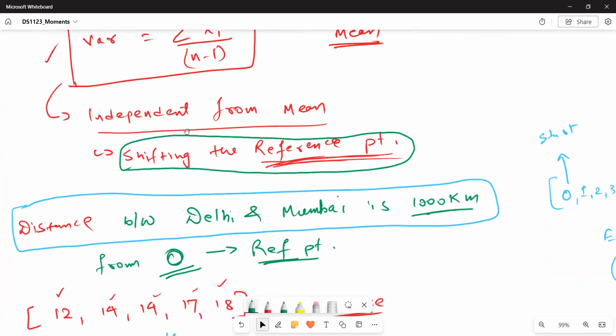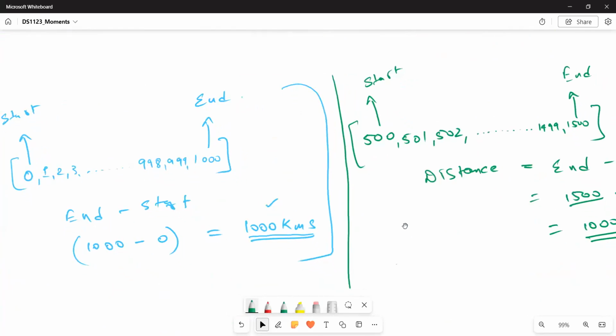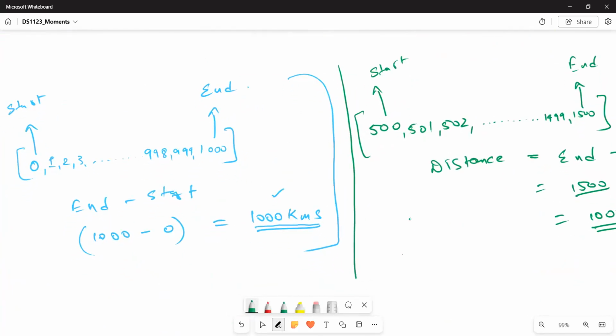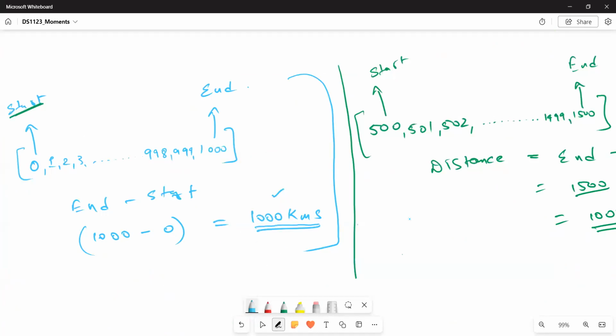Let me explain on the same example. Since the starting point is 0 here, instead of using 0 as the starting point, if I want to use 500 as the starting point, I'll simply add 500 to each of these numbers.